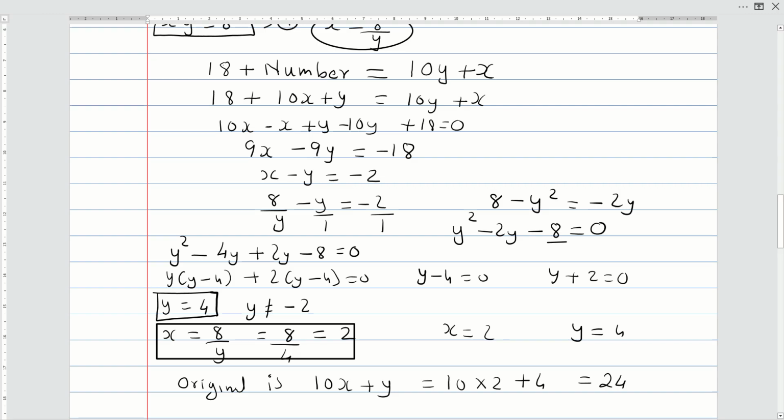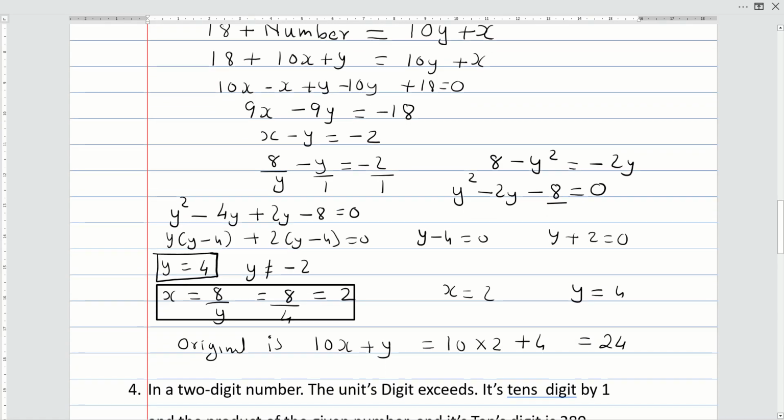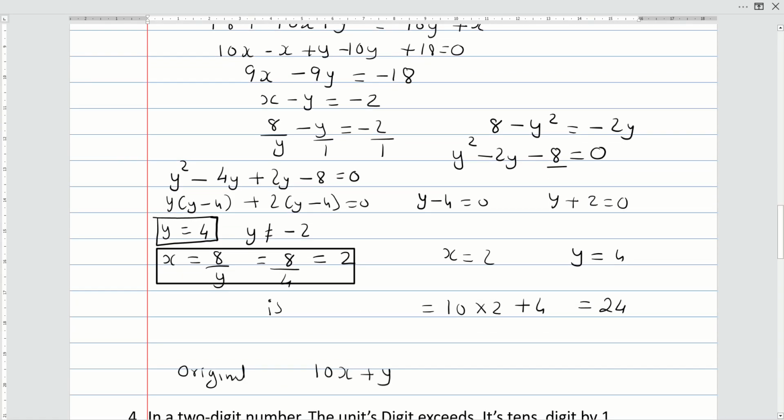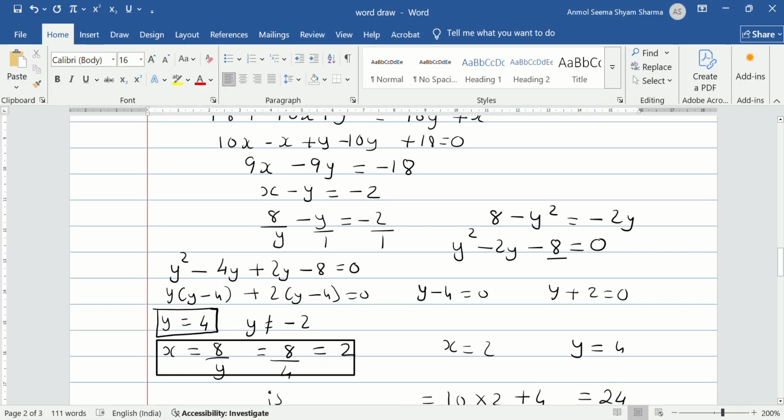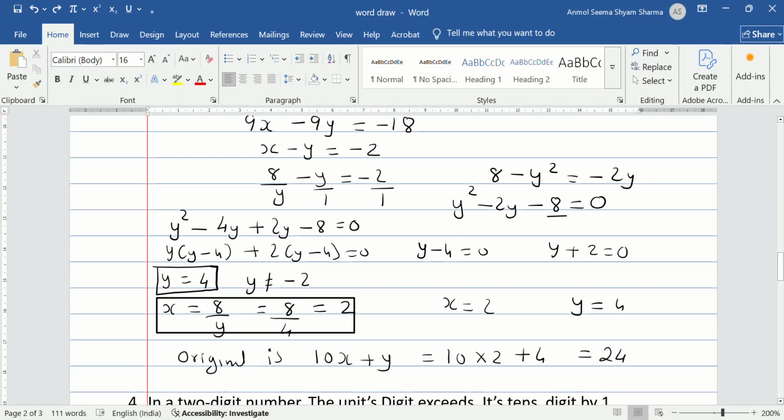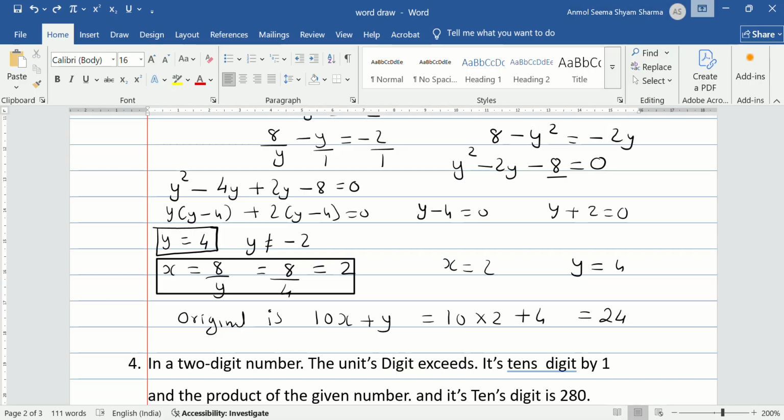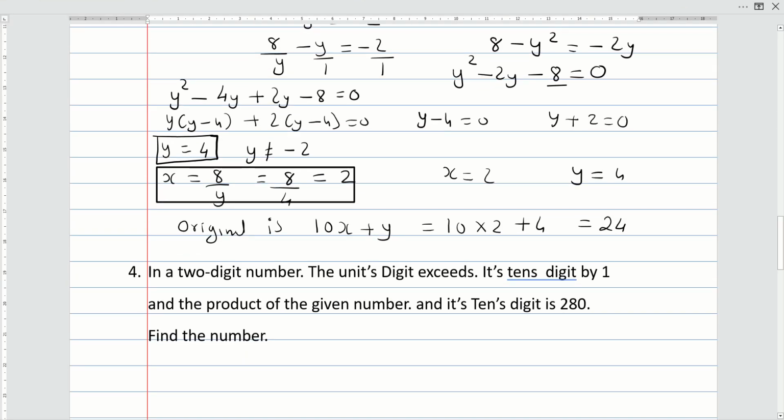Now you can become your own teacher. See the condition: if I add 18, the digits will get reversed. You want to check your answers, students? You can check your answer easily. How?